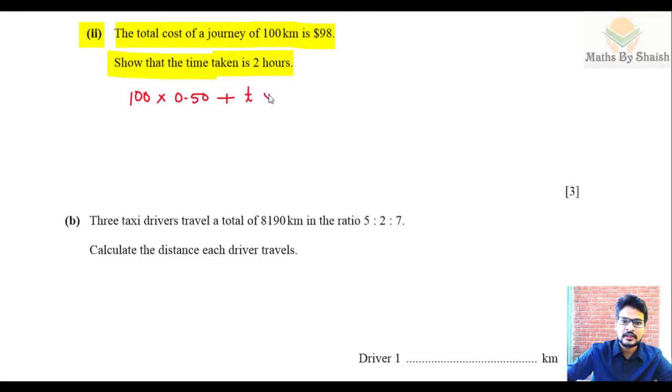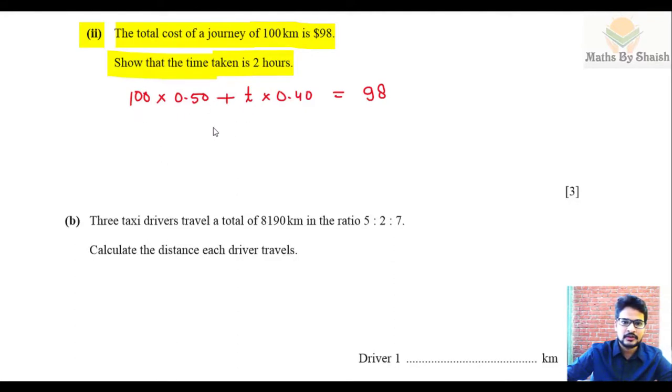So for t minutes it is going to be t into 0.40 because the cost was $0.40 per minute, and this gives us a total of $98. So this is what the question says and we have written as it is, and then we will simplify.